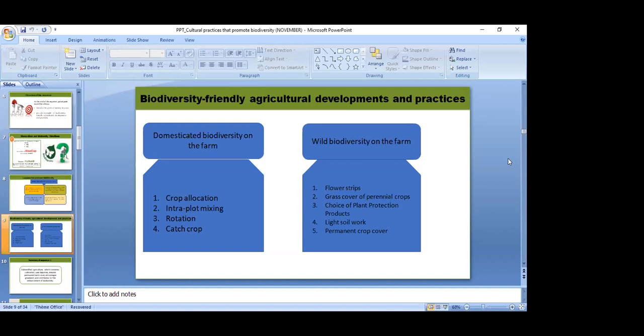Number two is intra-plot mixing. We have encouraged the use of mixed cropping, intercropping, intra-plot mixing. On your field, in your farm, you can decide to allocate maybe 20 meters to 80 meters for different kinds of vegetables.